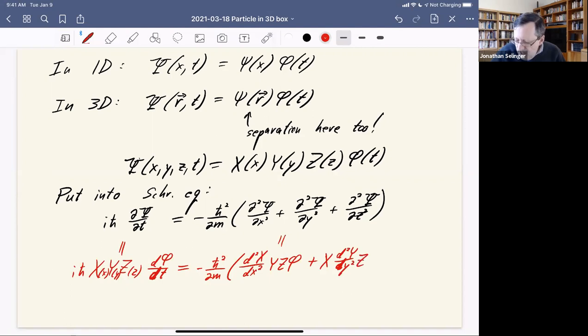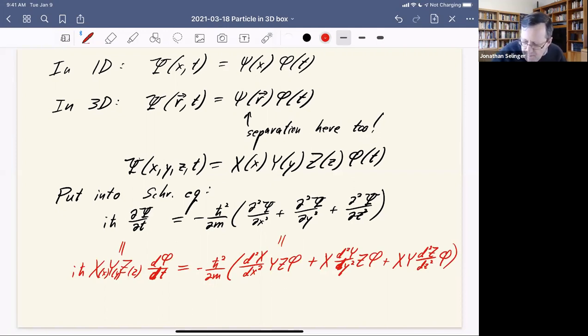Times big Z times φ. And now for the Z part, only one factor depends on little z, that's the big Z. So it's the second derivative of the big Z function with respect to little z, and then times φ.